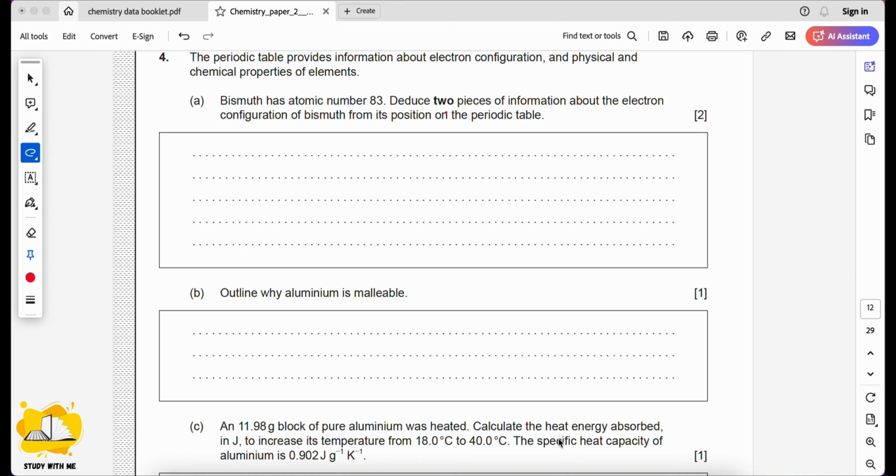The periodic table provides information about electron configuration and physical and chemical properties of elements. Bismuth has atomic number 83. Deduce two pieces of information about the electron configuration of bismuth. Okay, bismuth, 83.